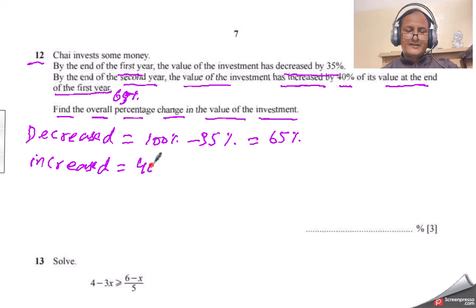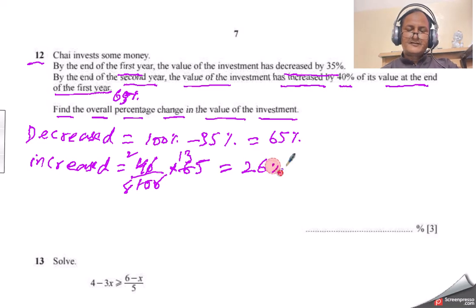Now we're supposed to find the 40% of the 65. For example, the 0s cancel with 0, 2 2s are, 2 5s are 10, 5 13s are 65, and 13 times 2 gives us 26%. It means it is a 26% increase. What is the new value?